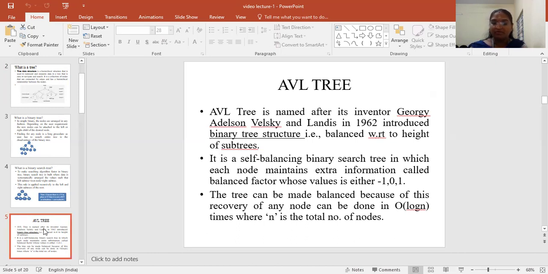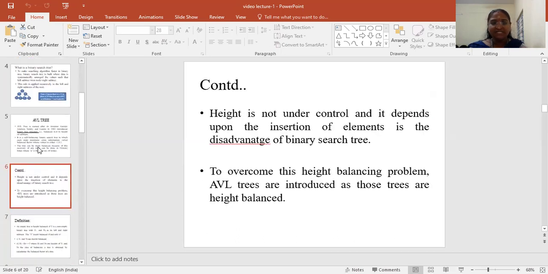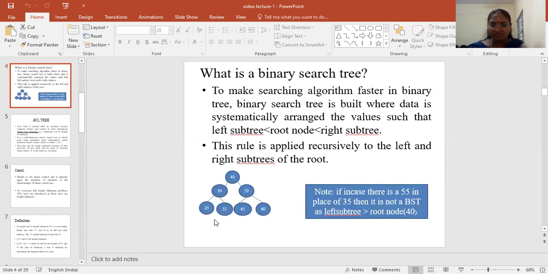Okay. Now we'll go further. The binary search tree has the disadvantage of uncontrolled height generation. To control the heights, we introduce the AVL trees. Here we can attach any number of nodes based on the concept of a binary search tree, so the height may grow to any extent.